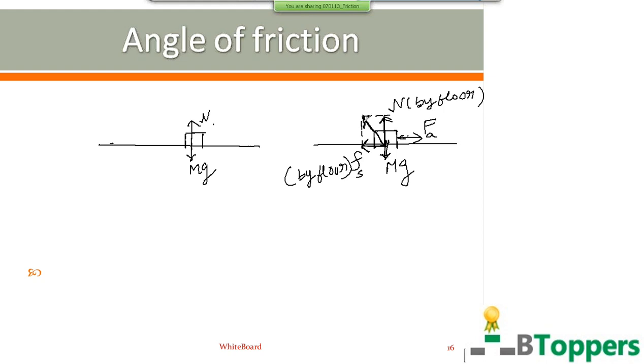The diagonal of the rectangle represents the resultant of normal reaction and frictional forces on block by the floor. So the resultant of normal reaction and friction forces exerted on the block by the floor is called the total reaction force on block by the floor. I denote the magnitude of this total reaction by capital R subscript T.